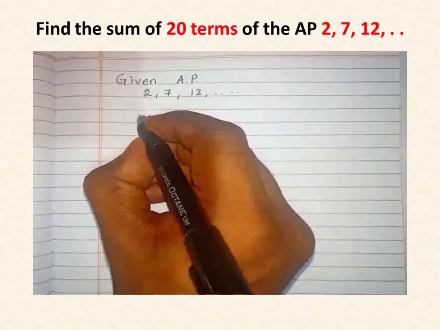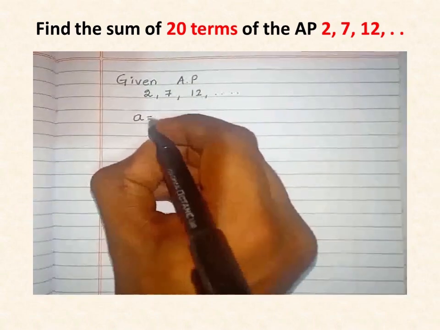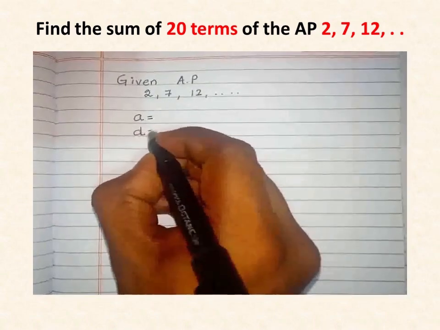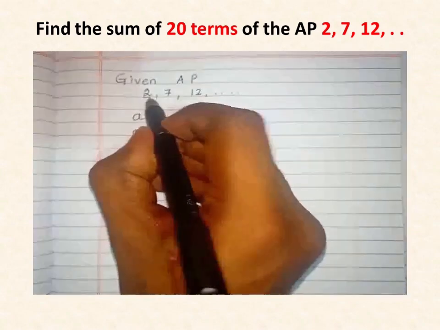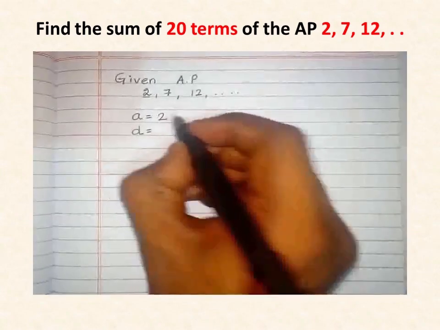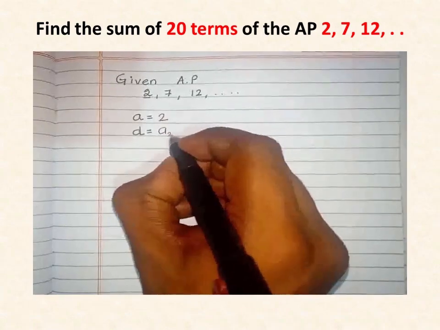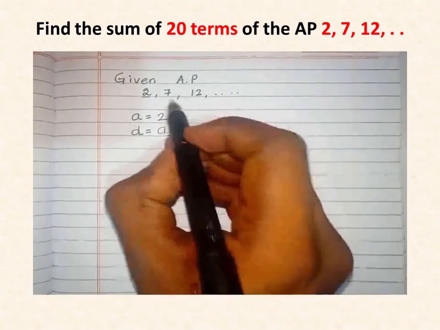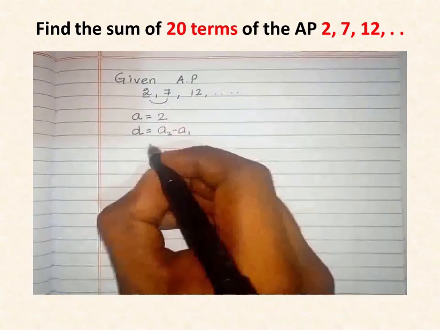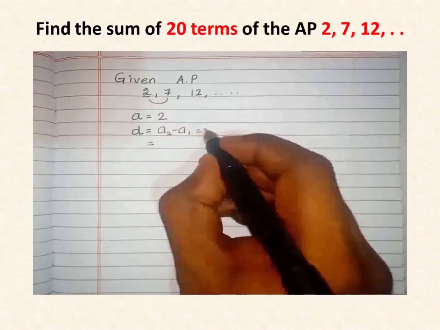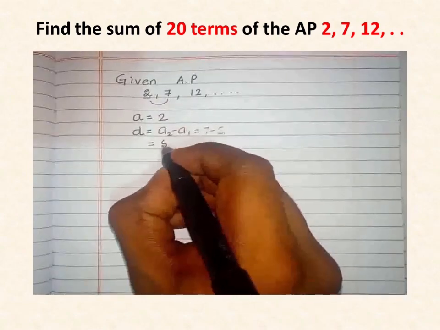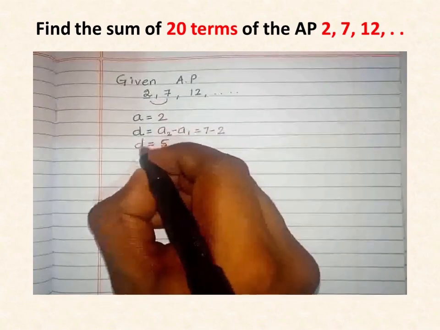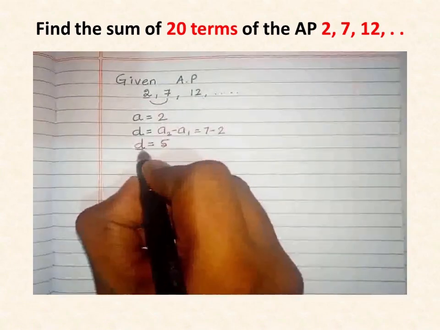Here we need to find out the first term A, then the common difference D. The first term of the given AP is 2. Then the common difference is found out by difference of any two consecutive numbers. I'll take A2 minus A1. A2 here is 7 minus 2 will give you 5. So D equals 5. The common difference is 5.